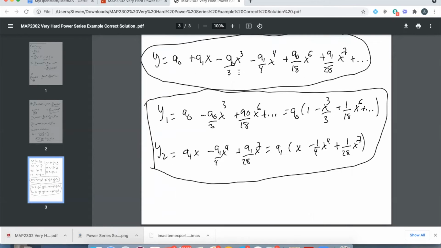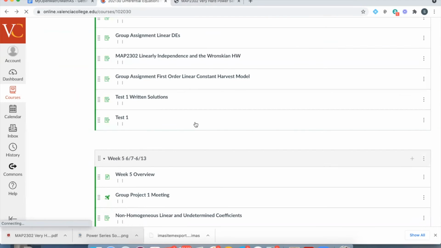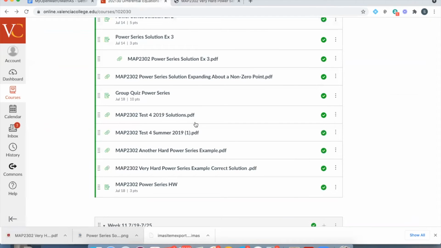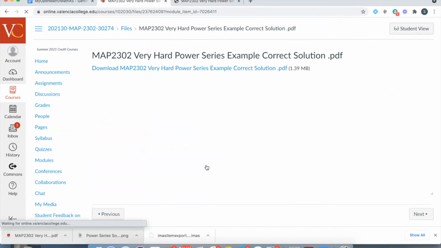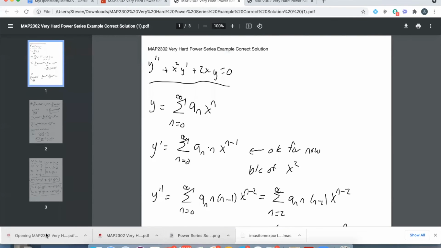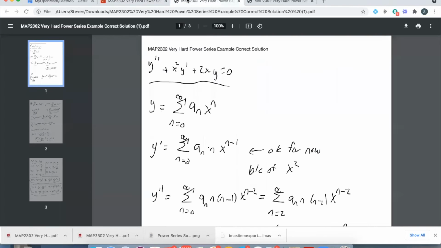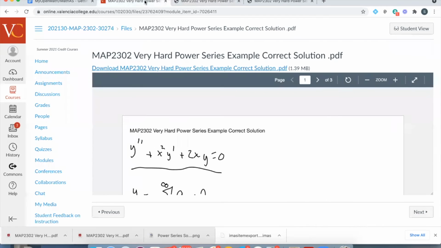Okay, so this is all written out nice and pretty. Hopefully it's all legible. Let's do another really hard one like that. Did I just click the same one twice?